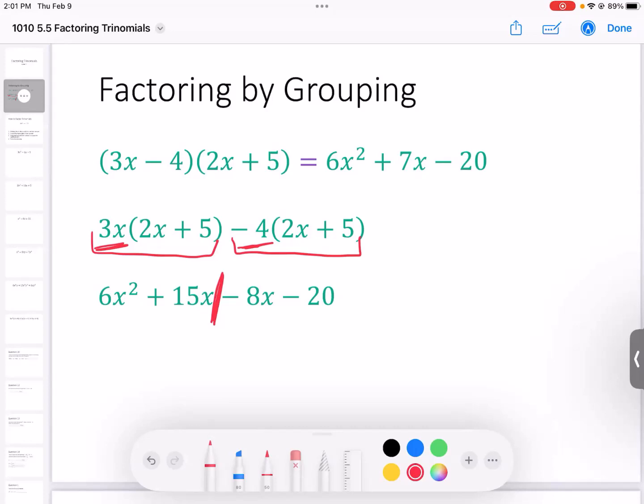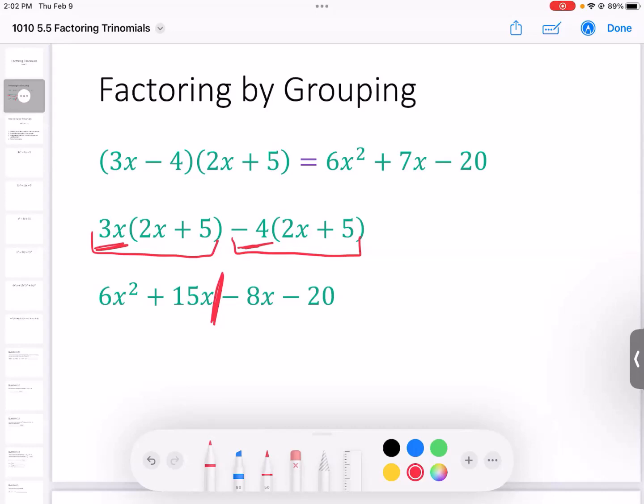However, in most cases, especially with something like this, you don't actually end up with a polynomial that has 4 terms, because most of the time we'll take 15x and subtract 8x, and you end up with a polynomial that just has 3 terms. In which case, factoring by grouping doesn't really work because you don't have 4 terms to split up into your two groups.